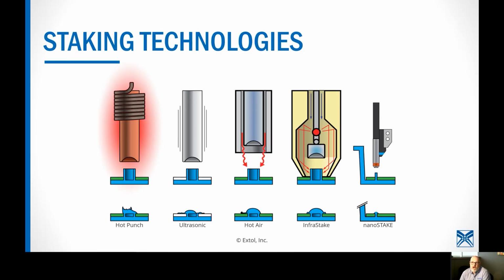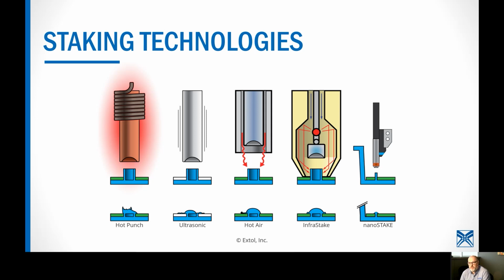When we talk about InfraStake, I think it's important to point out that there are several staking technologies that are very common. We see these in the industry: hot punch, ultrasonics, hot air, InfraStake, and then NanoStake. These latter two, InfraStake and NanoStake, are Extel's proprietary technologies.